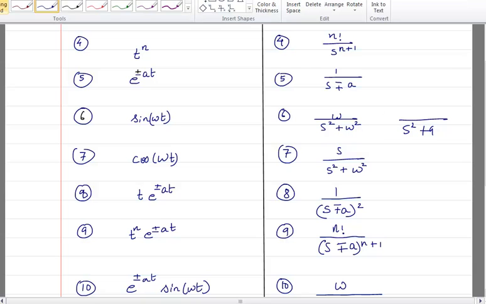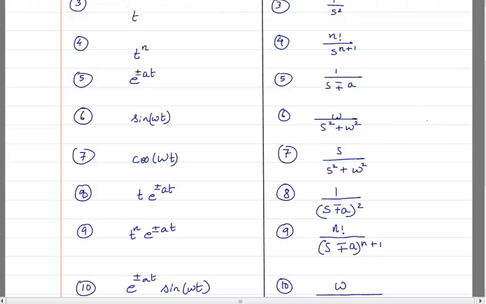But even better, write it as s square plus 3 square, because 3 square is 9, and then you have 3 on top. If you have s in the numerator, then instead of sine we can go for cos, so I can write s divided by s square plus 3 square. So basically here I can use omega equal to 3. So I will use this one.